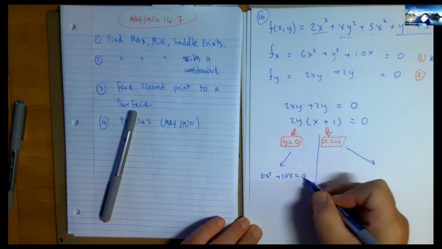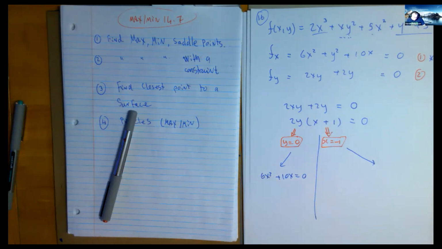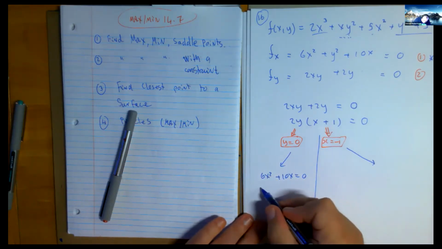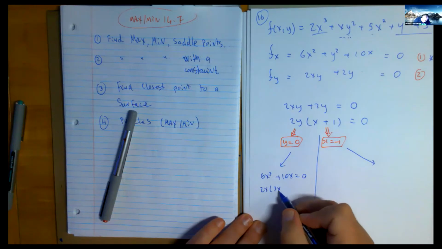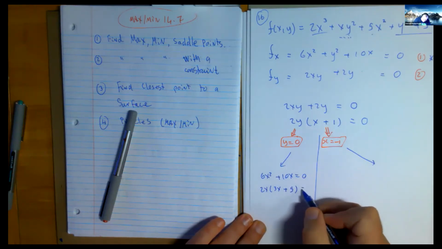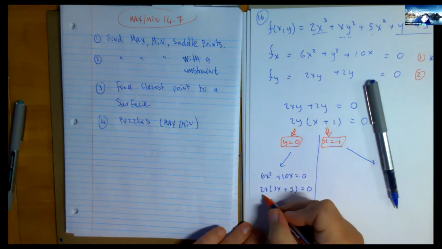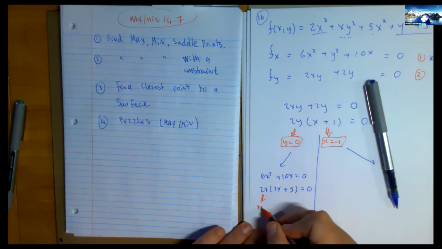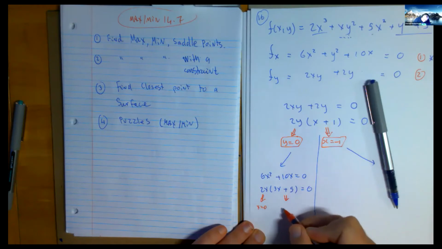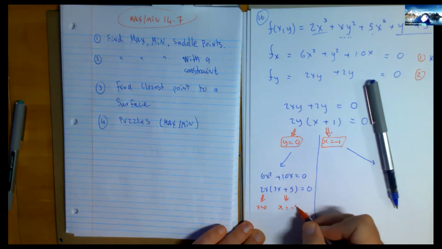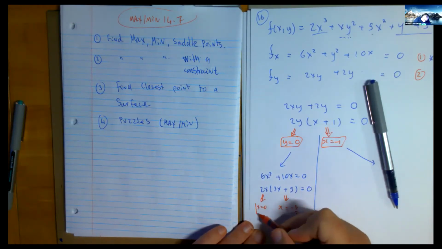Right. So if you're looking at this guy, I would probably pull out 2x as a common factor. And that generates x equals 0 and a rather ugly -5/3.